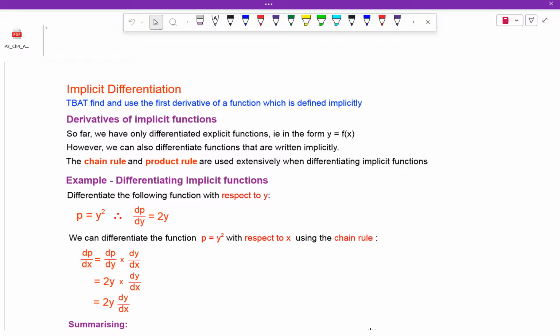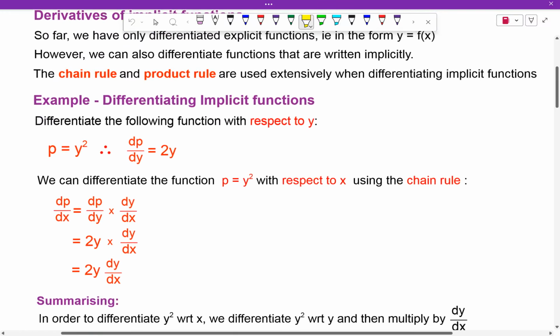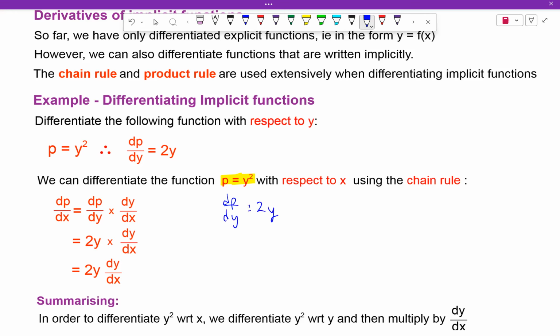For example, our equation is p equals y squared. Usually we would do dp over dy, so we can write it as 2y, that makes sense. But if it's with respect to x, then it's different here. So let's have a look at the right side.